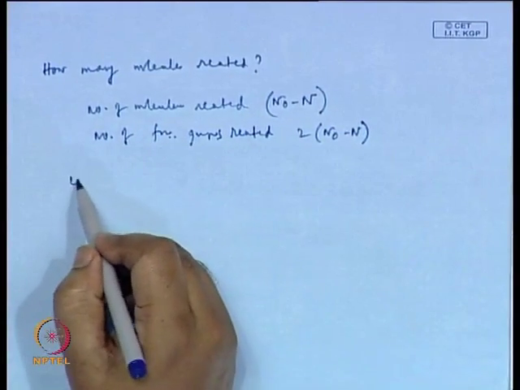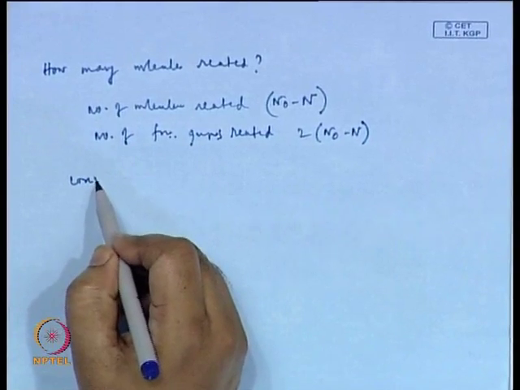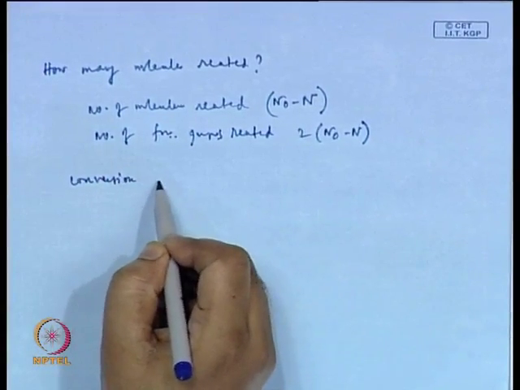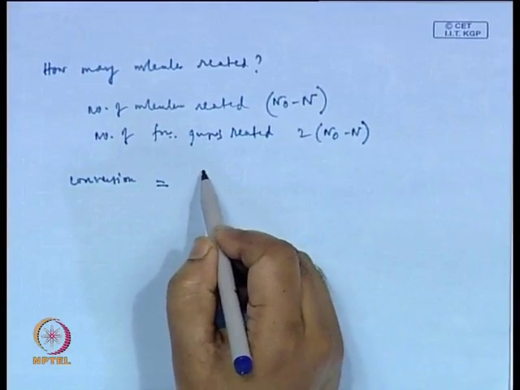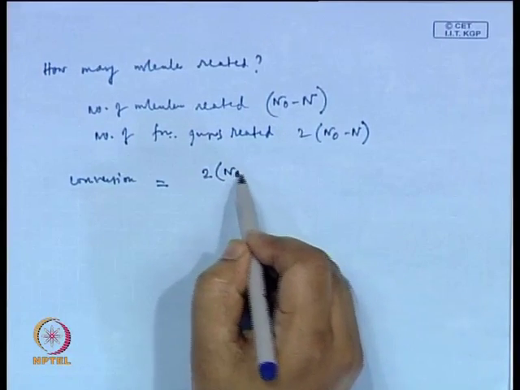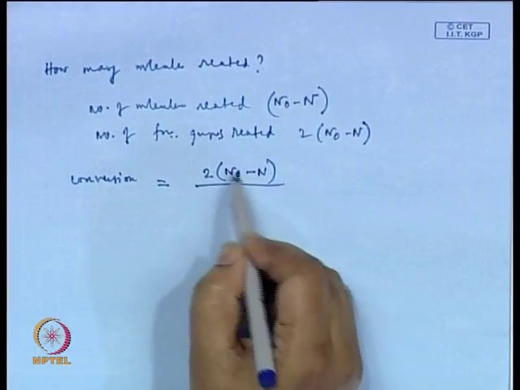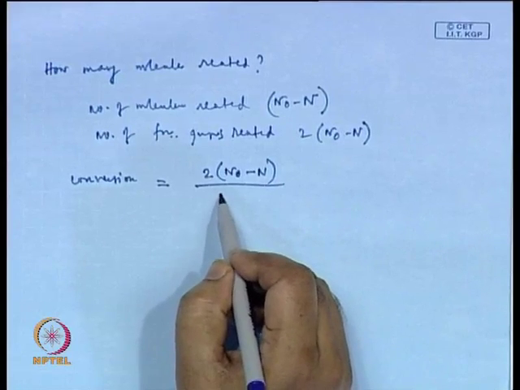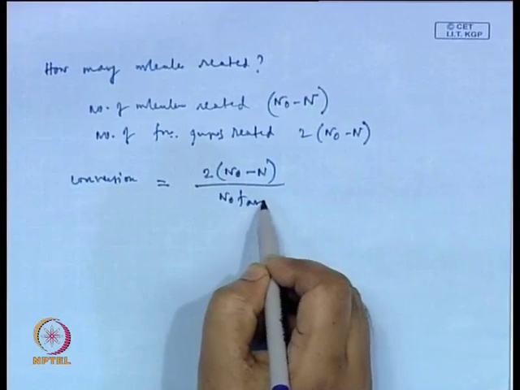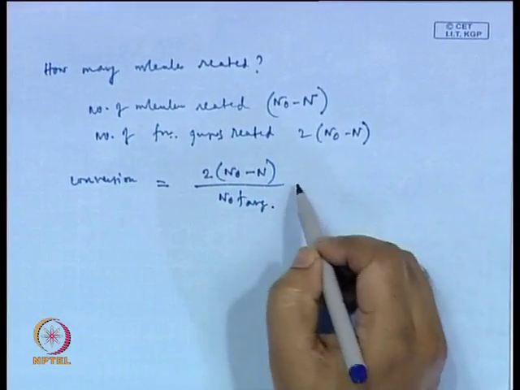So, what is the conversion? Conversion is the number of functional groups reacted over the number of functional groups originally present.